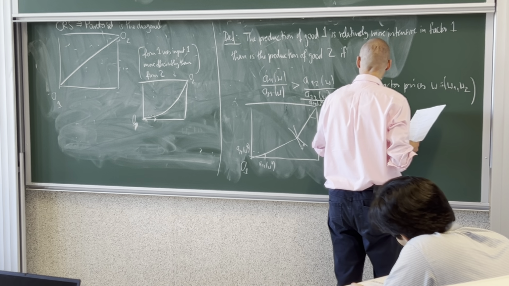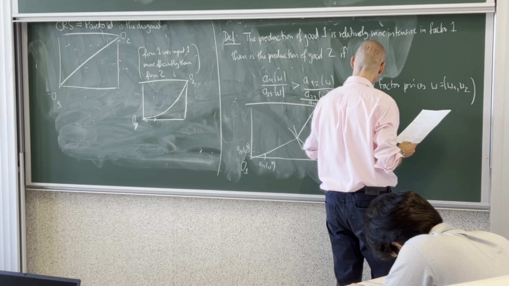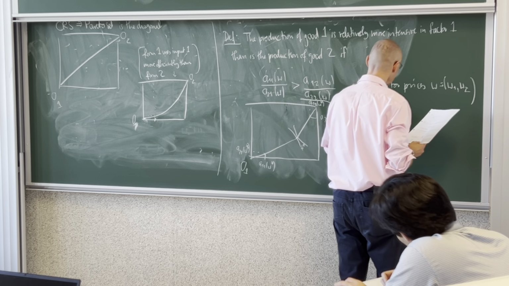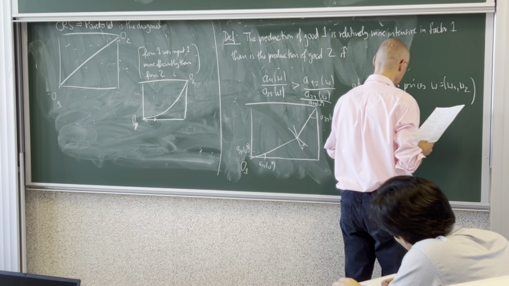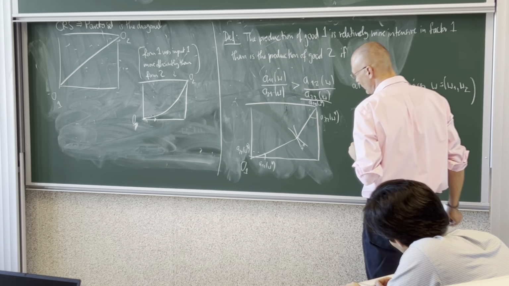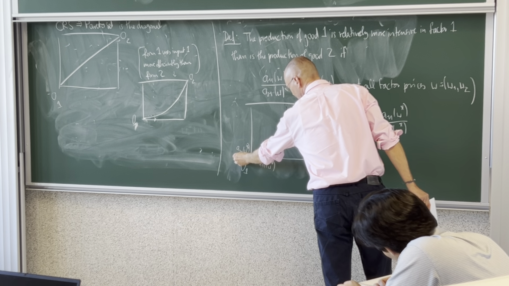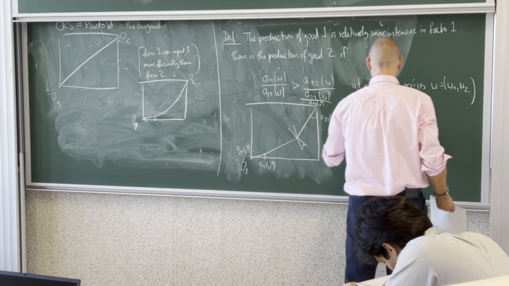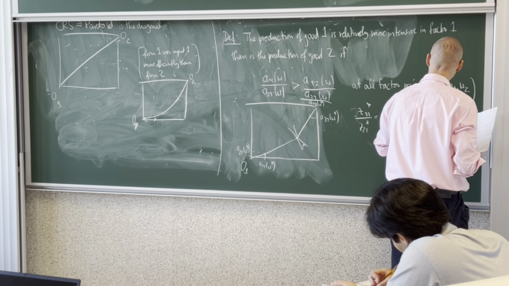So the input price ratio is equal to this optimal factor input ratio. And here you see this is strictly larger for firm 1 than for firm 2.